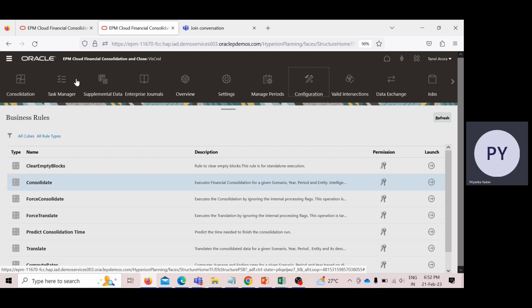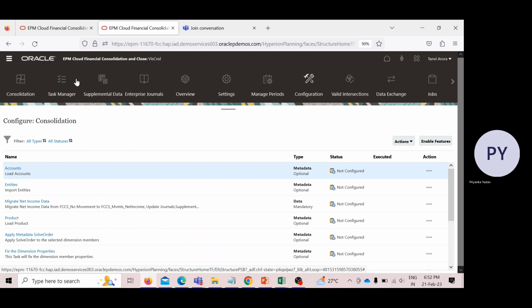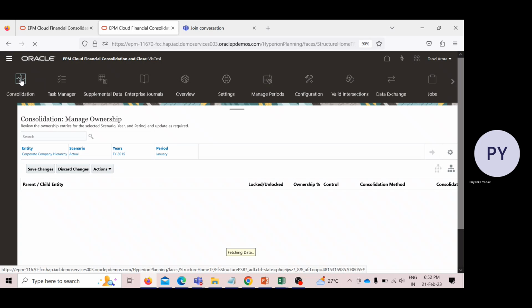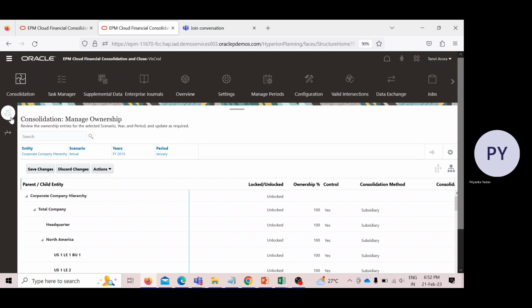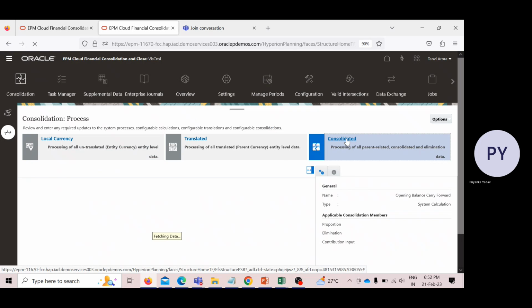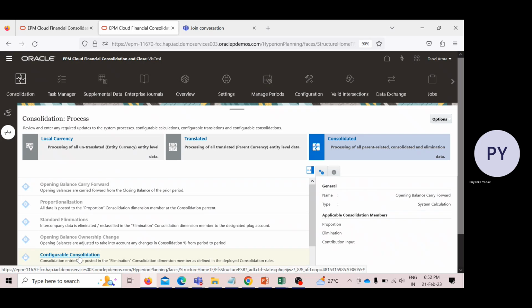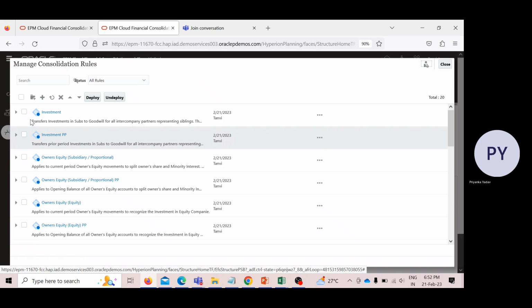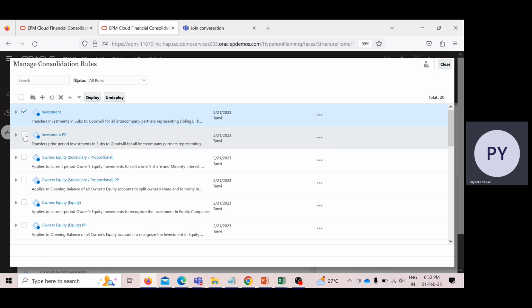We'll go to configuration. Sorry, we have to go to consolidation. Let's deploy the investment rule first.